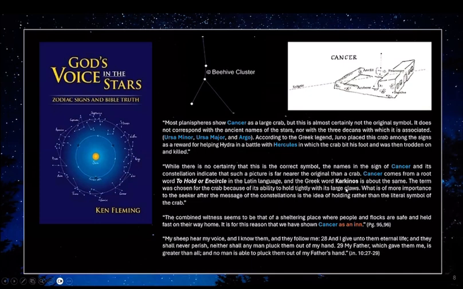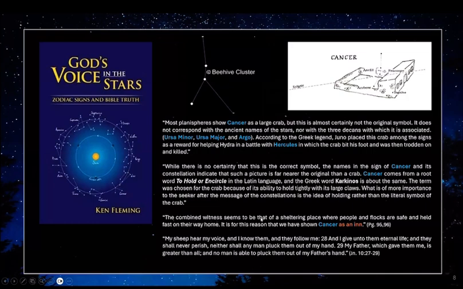What is of more importance to the seeker after the message of the constellations is the idea of holding rather than the literal symbol of the crab. Now, bear in mind, an eagle has that ability to hold too, right? And nothing can escape, what is it called? Talons. So that would work there.